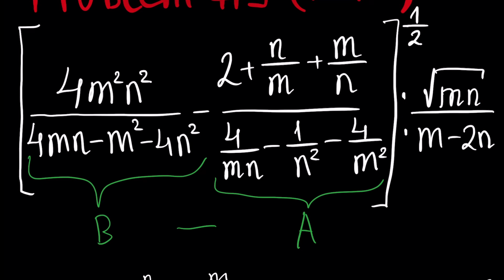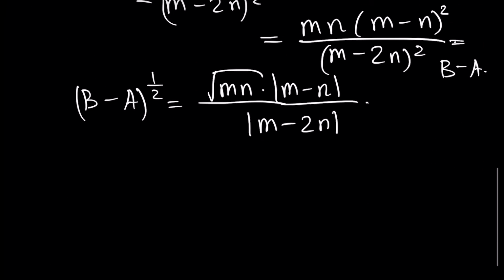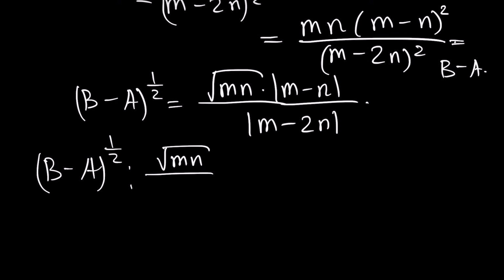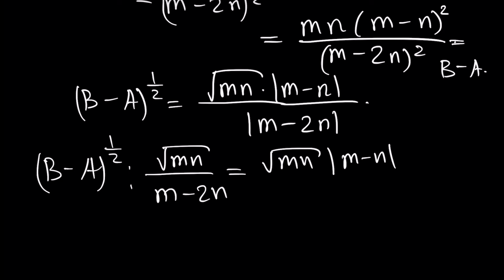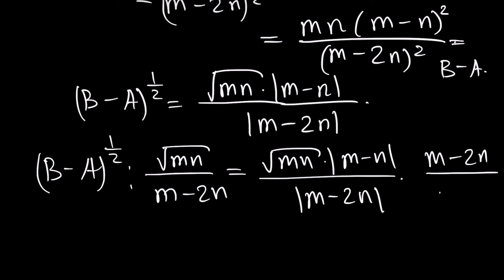Let's do it. And write it as B minus A to the power 1 over 2, divided by the square root of mn over m minus 2n. And it will be the square root of mn times the absolute value of m minus n divided by the absolute value of m minus 2n, times m minus 2n over the square root of mn.